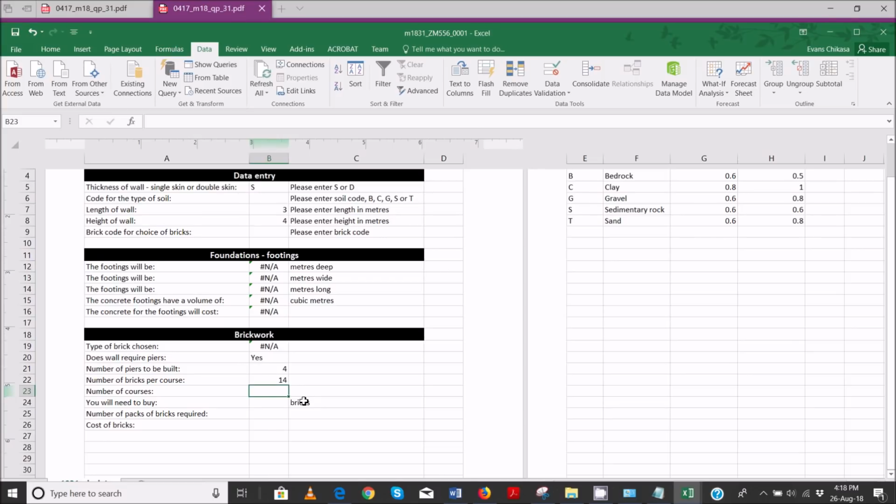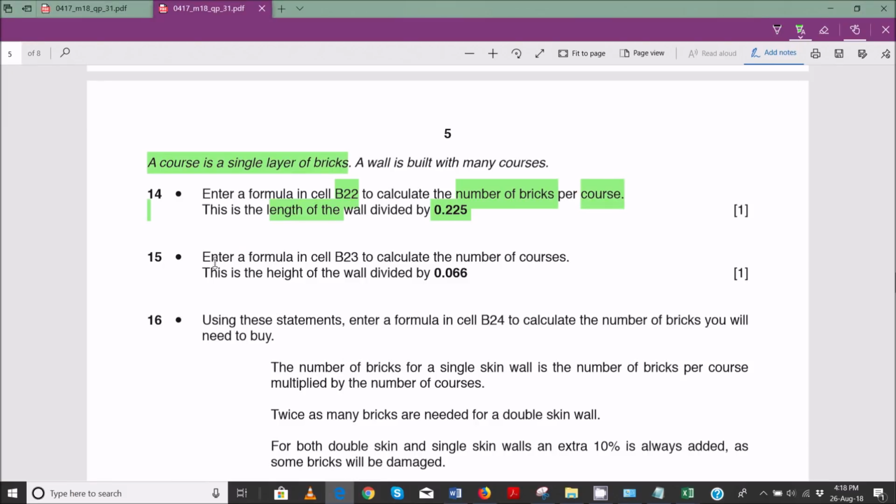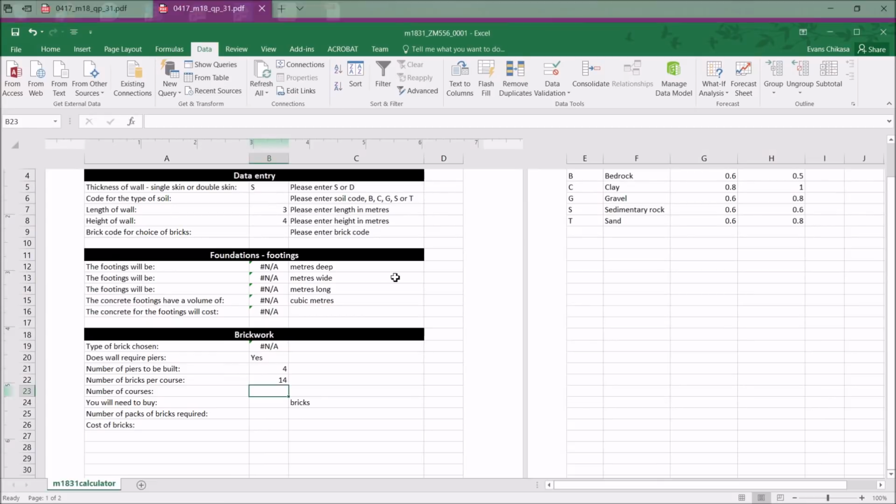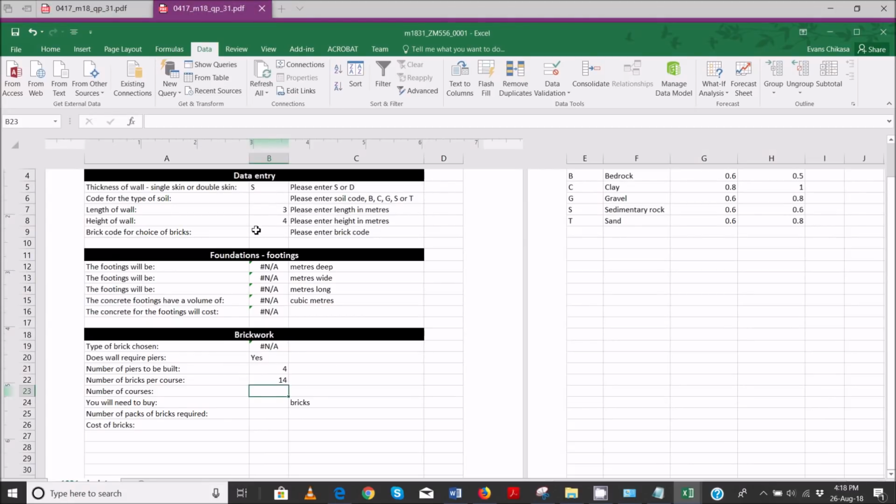So you get 14 as the number of bricks, as opposed to 13 if you had used round down. The next step is to enter a formula in B23 to calculate the number of courses. This is the height of the wall divided by 0.066.